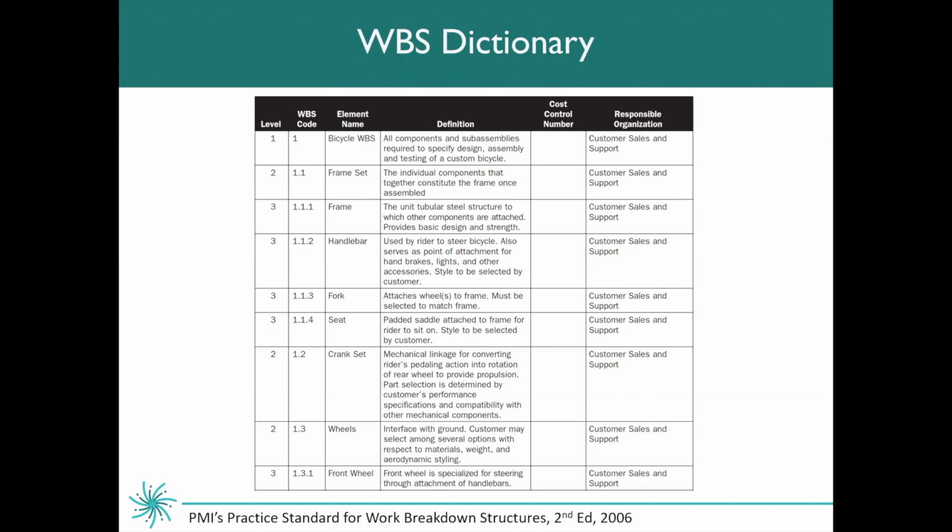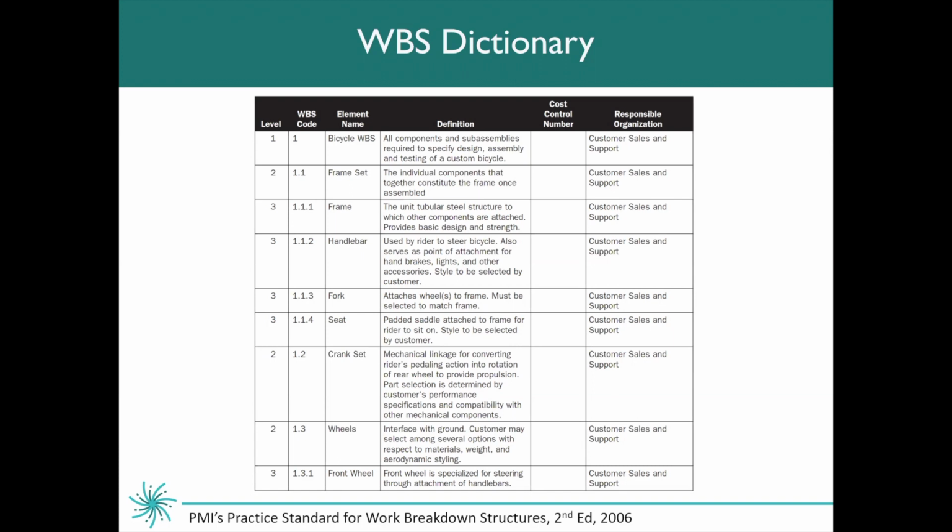The work breakdown dictionary is really helpful to get even more specific about what the work looks like. You will see here that each of those work breakdown structure components are now defined with a lot more details. This can also be really helpful for tracking cost. And if you work with an organization where they are going to assign cost control numbers or something along those lines, you can actually track them back as specific to each of the work breakdown structure components.